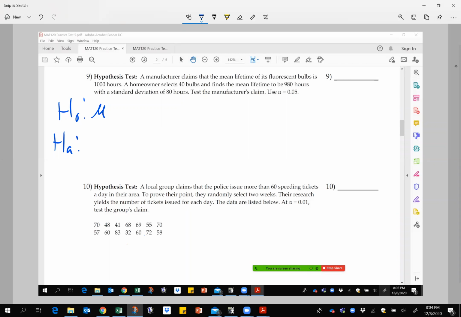So they're stating that the mean is exactly equal to 1,000. So that would be our claim, which is the null. The opposite of equal would be not equal to. We want to test the claim at the level of significance alpha equals 0.05. So that's going to be our level of significance.